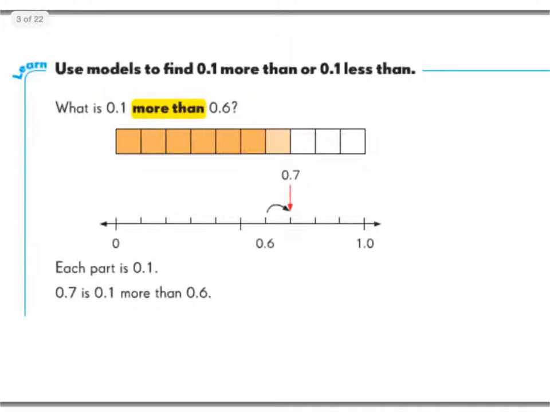We have tenths, which is what this decimal is talking about. The dark orange is 6, and we're going to add 1/10 more than that. On the number line, we say the same thing. Here is 6/10. We go 1/10 more, and we get 7/10. So 7/10 is 1/10 more than 6/10.